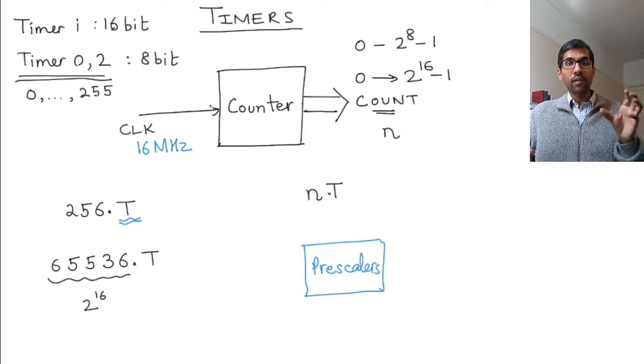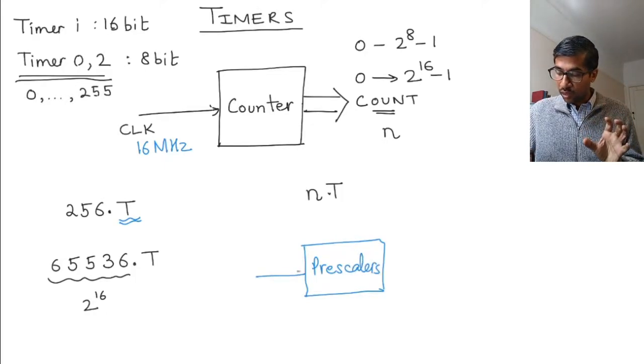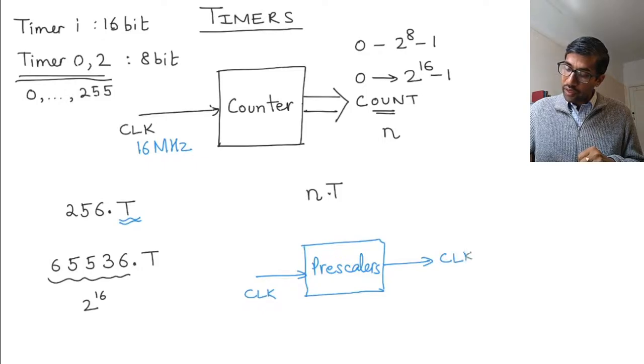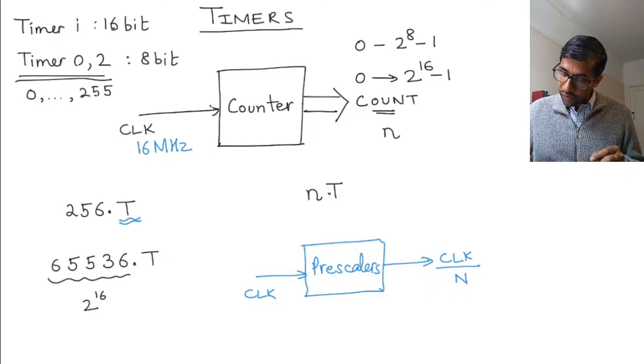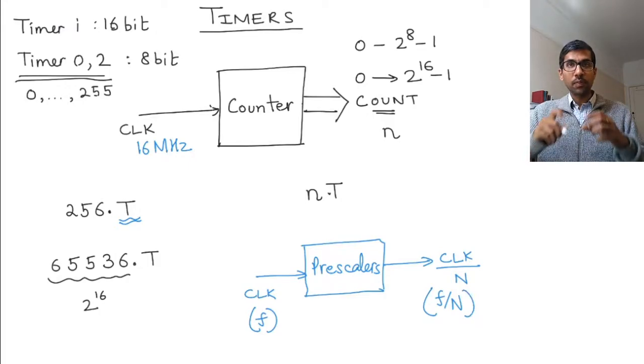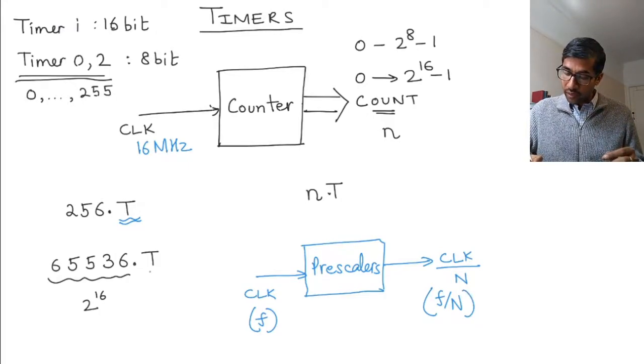Prescalers are modules that take a clock, take a square wave, and give as an output a clock of a lower frequency. Let's say the frequency of the clock changes by n. So if the frequency here was f, here the frequency becomes f over n, which means that this time here increases.